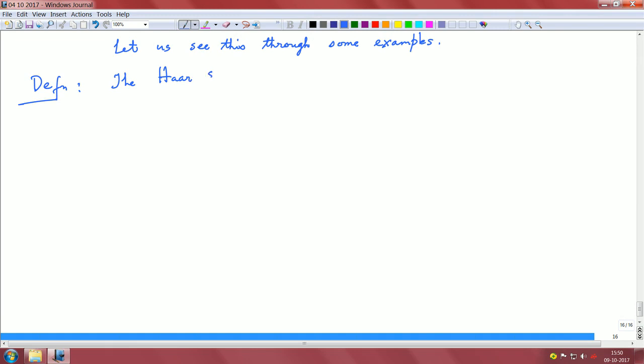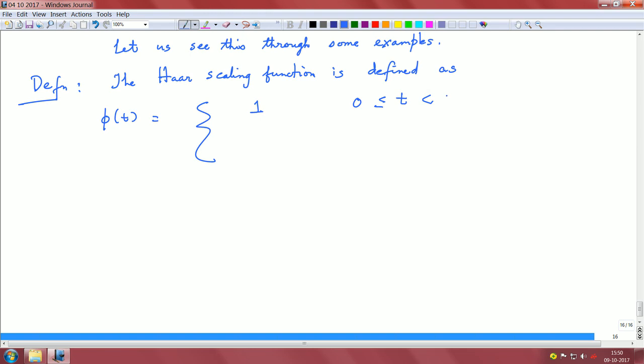The Haar scaling function is defined as follows. Now phi of t is 1 for t between 0 and 1, that is 0 less than or equal to t less than 1, and it is 0 else.